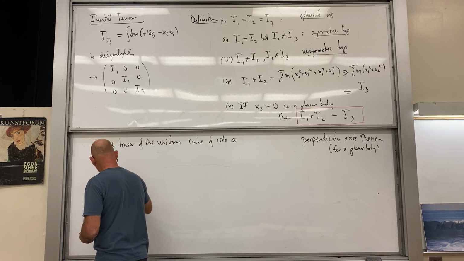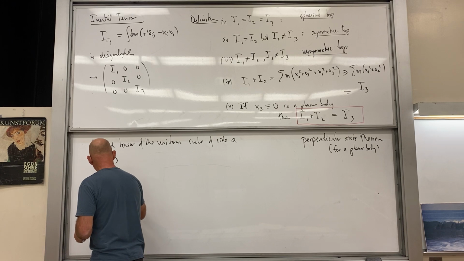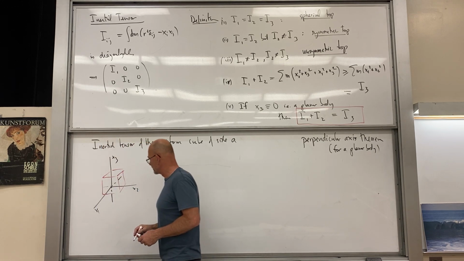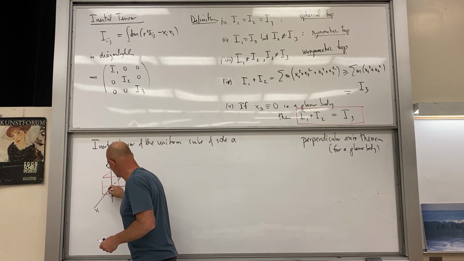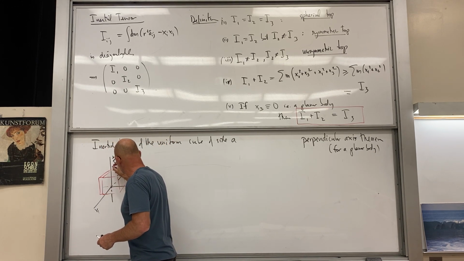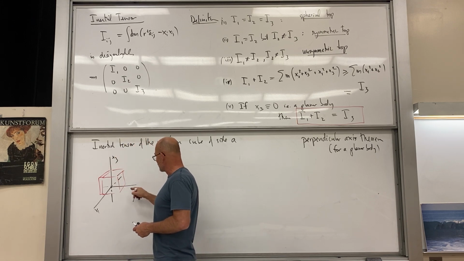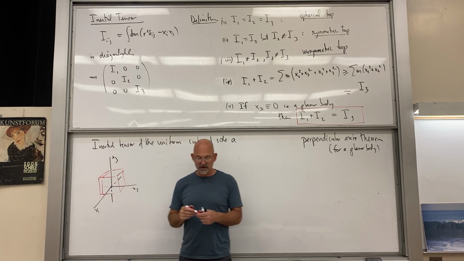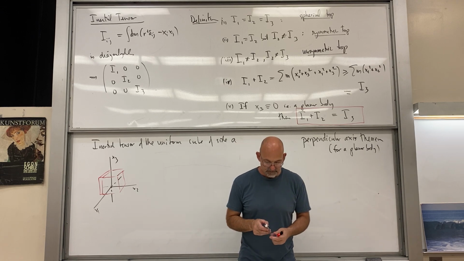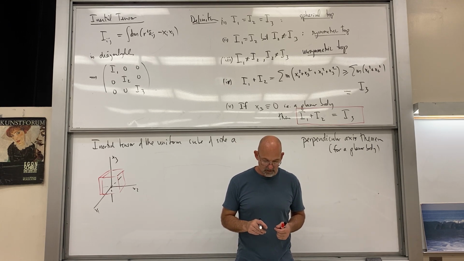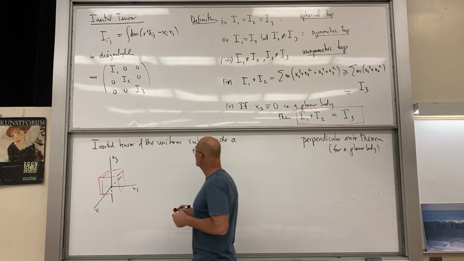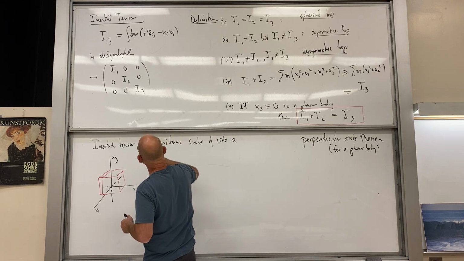So we'll continue those axes like this, and then a over 2. Good luck. You guys do a better one. But yeah, we're plus and minus a over 2 in every direction. And inertial tensors up there.